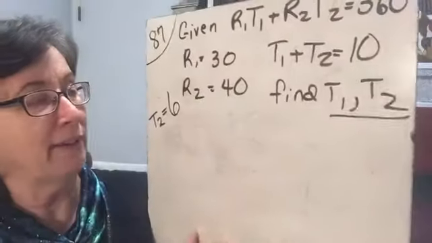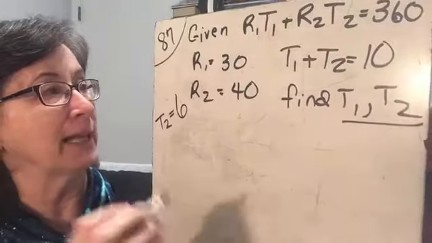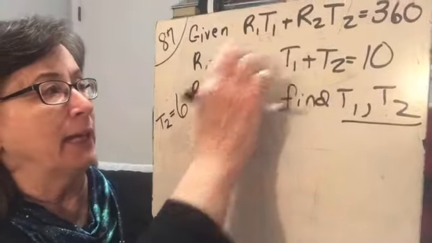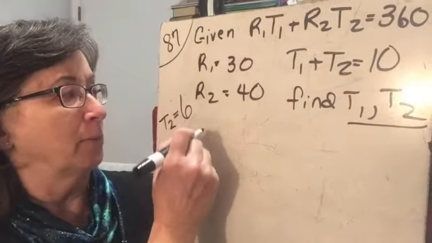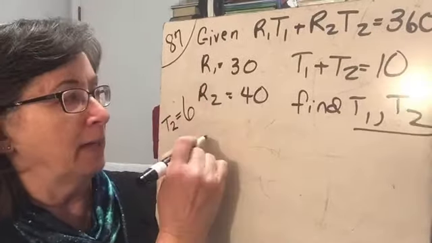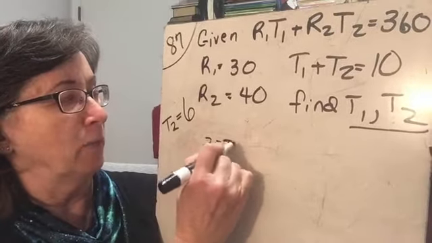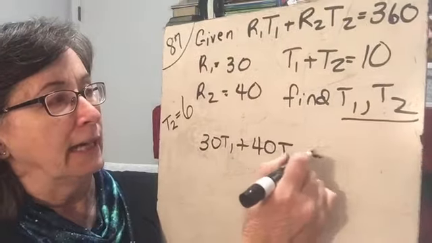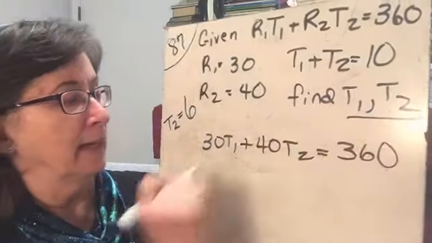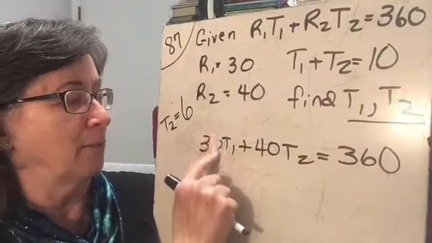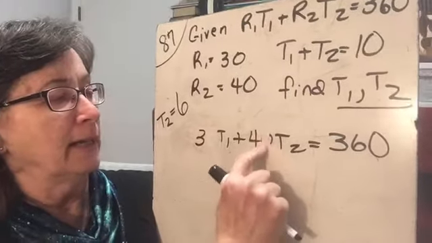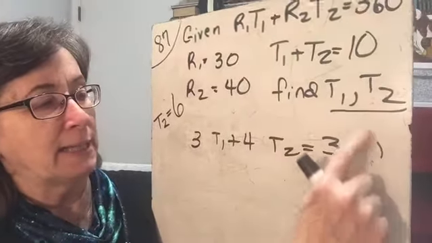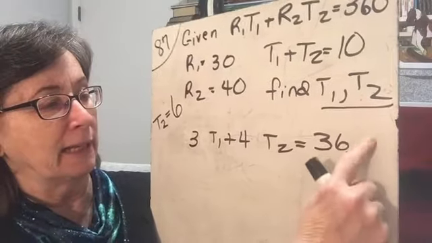So now we found out that one using elimination, but let's go back and put in our variables again. So I'm going to go ahead and put in 30T1 plus 40T2 equals 360. And I'm just going to make it easier. Divide by 10, divide by 10, divide by 10, because I like things as simple as I can get them.